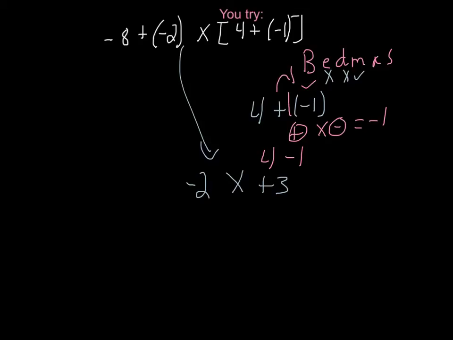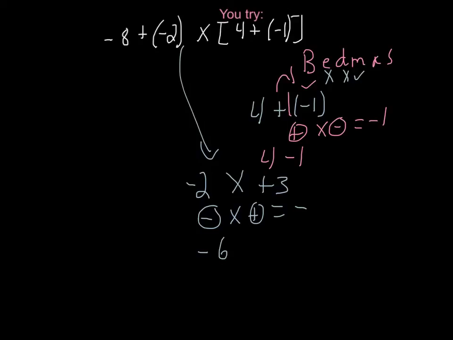Well, sign rule again. Negative multiplied by a positive is always going to give us a negative, because they are different signs. So negative. And 2 times 3 is 6, so our answer there is negative 6.